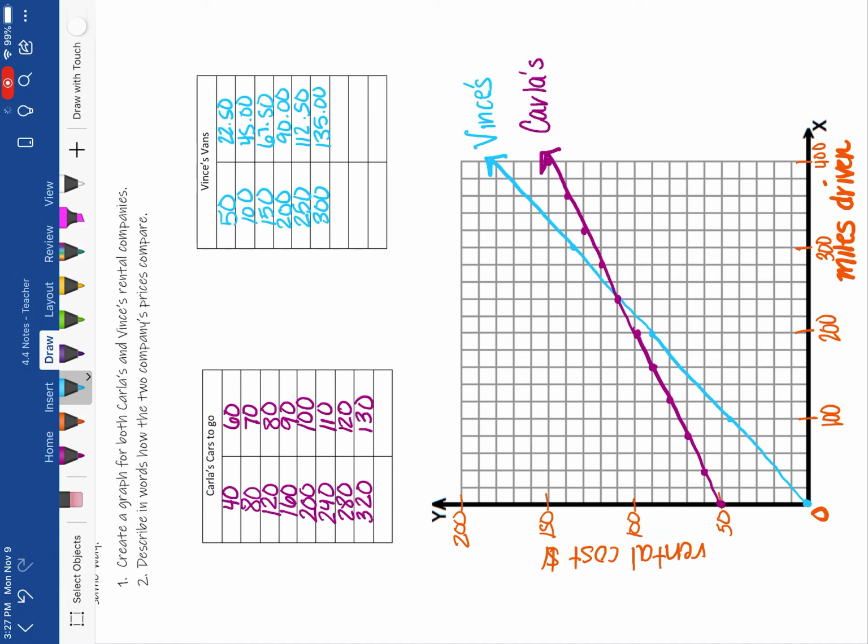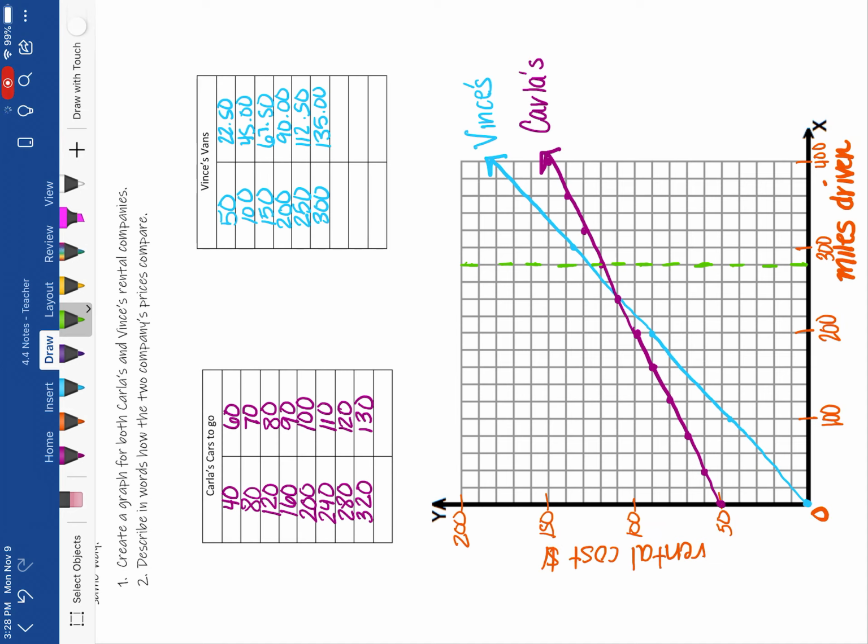Okay. And when we are looking at 280, so we're going to do number 2, which is describe in words how the two companies' prices compare. So if we are looking at a 280-mile trip, that's going to be right here. So do you see how if we look at 280, which is right here, 280 miles, do you see how we hit the pink line first?